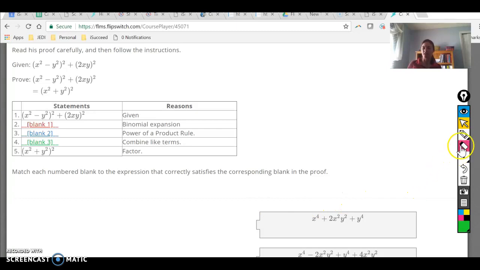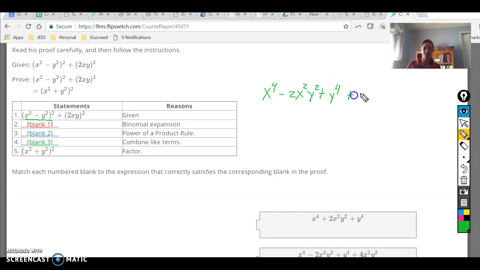So the first thing that we do is the binomial expansion, which just means that we need to expand this one. And when we do that, if I square x squared minus y squared, I get x to the fourth minus 2x squared y squared plus y to the fourth.